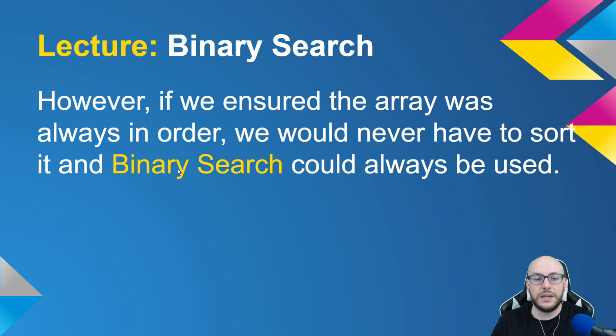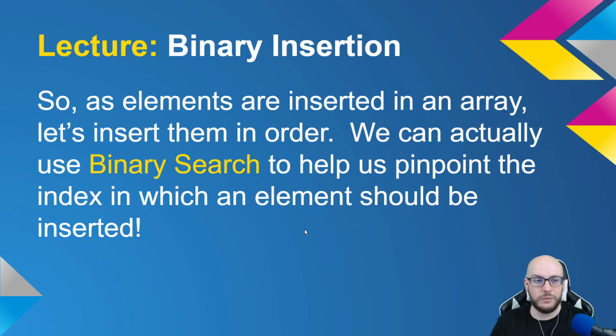What's interesting is binary search can actually be used to keep your array in order. What do I mean? I'm calling it binary insertion, which is we basically take binary search and we look for an element. And as it turns out, if it's not there, the last index that we were at was where it should be.